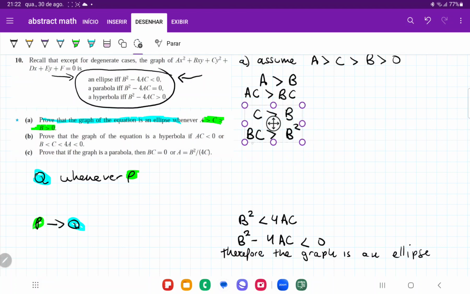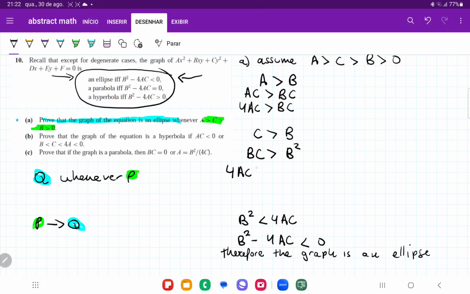Actually, I should have done one thing here. I should also have established that ac is greater than bc, but we don't want ac, right? So this means that 4ac is definitely greater than bc, because if ac is greater than bc, then so is 4ac. So once we have this, we have that 4ac is greater than bc, which itself is greater than b squared.